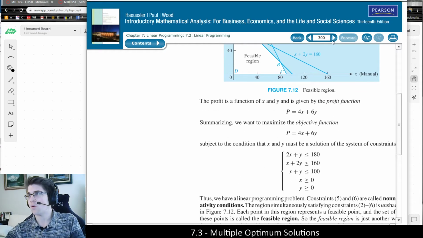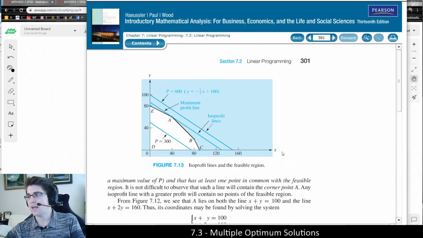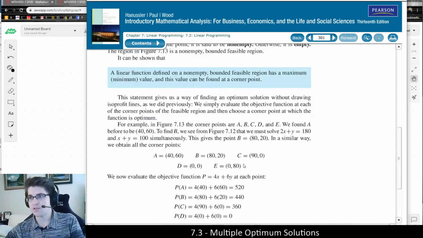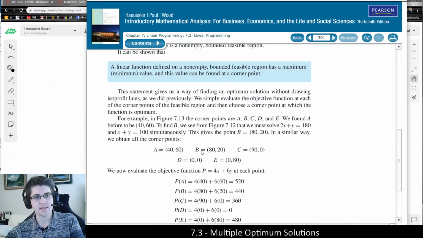Another way is testing each of the corner points and seeing that point A, when plugged into the profit function, produced the largest profit of $520, as opposed to the rest, which produced less profit.